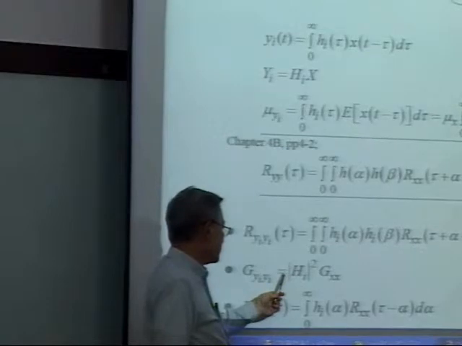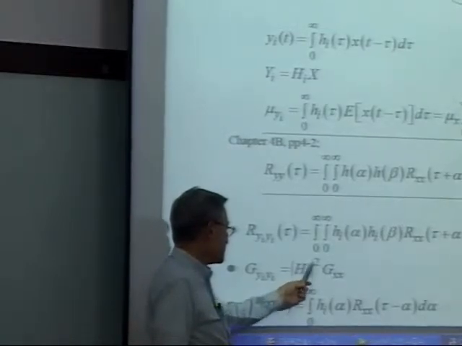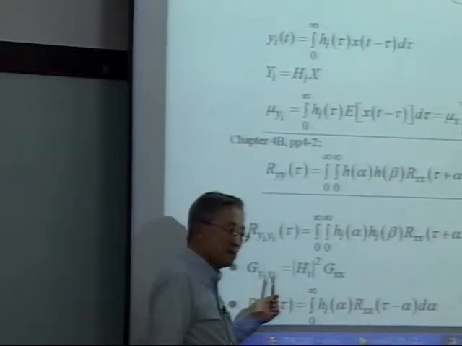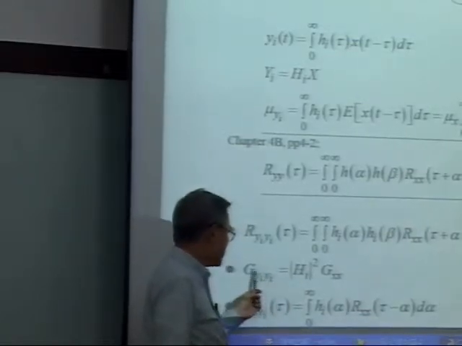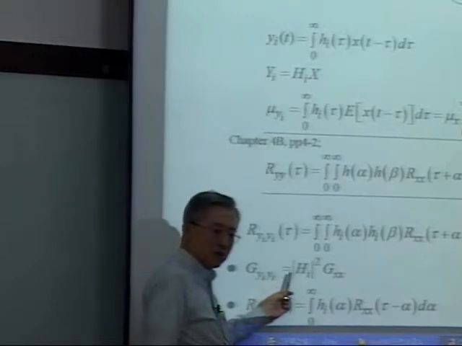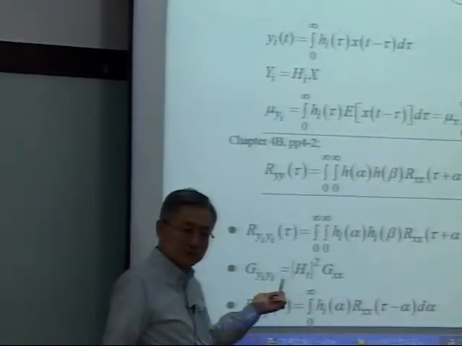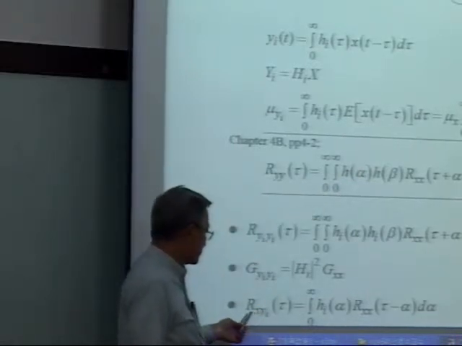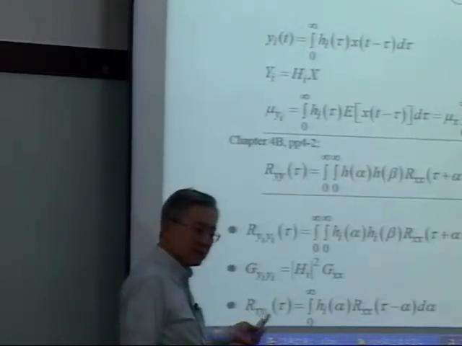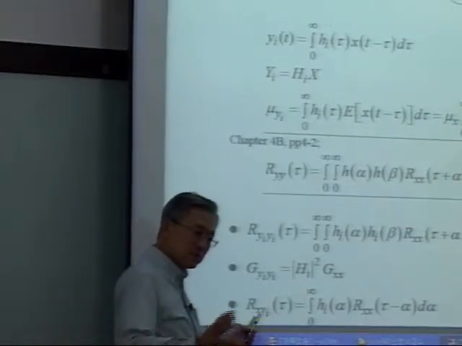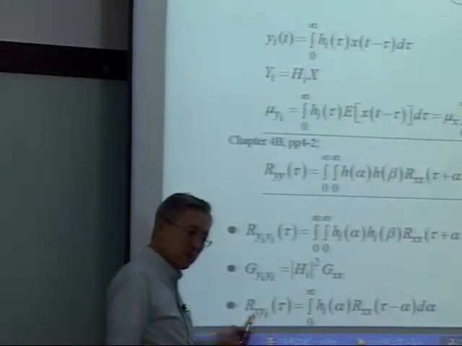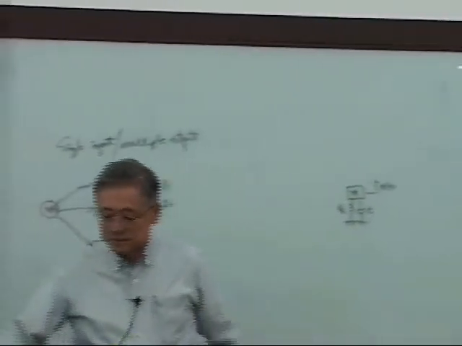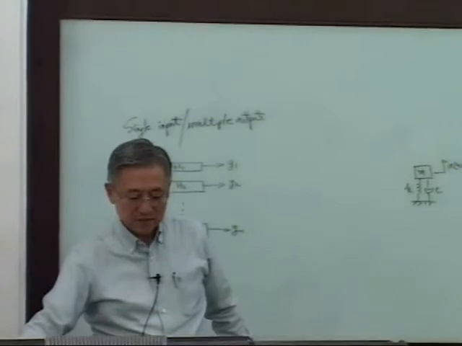GYi is equal to Hi absolute square Gxx. I just put the i. If there is no i, then Gyy is H absolute square Gxx. I just depict the one row. RXYi is the relation between input X and Yi. It's the ith system. Very systematic, right?